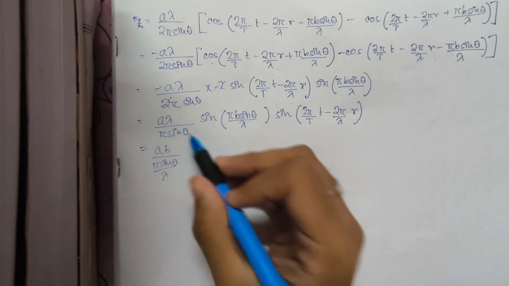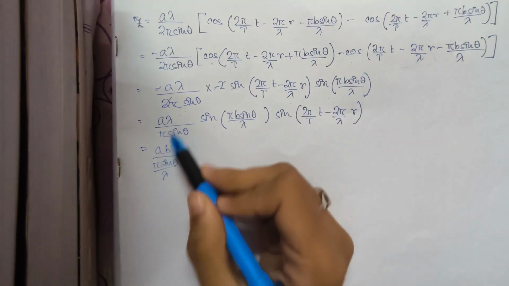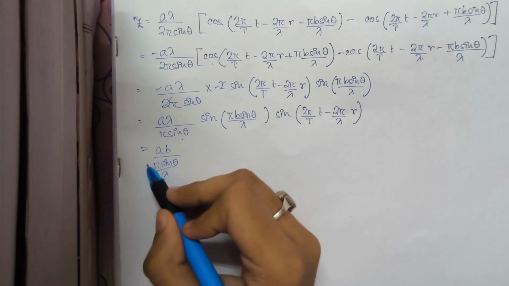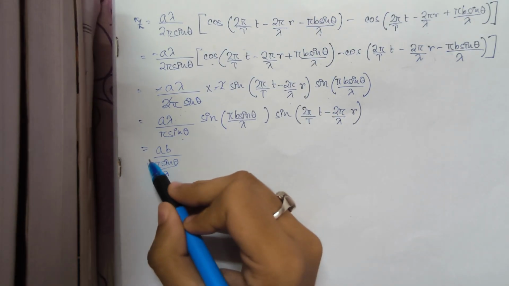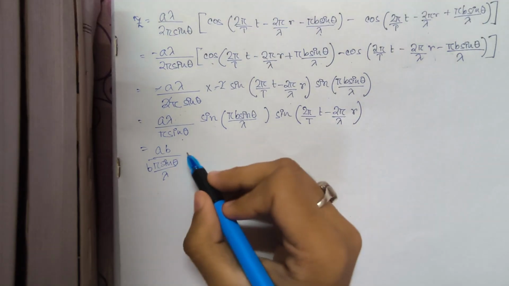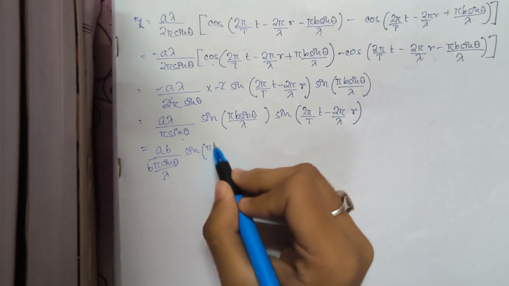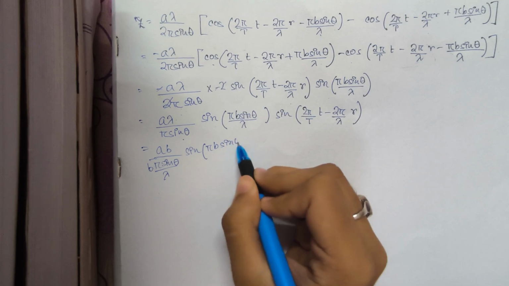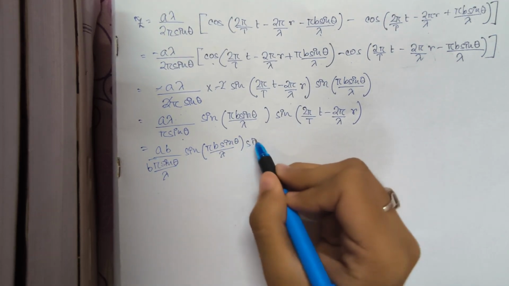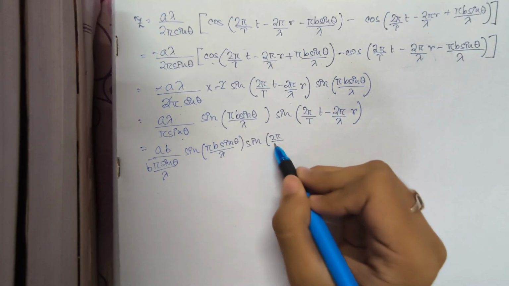We can write it like this, as the denominator lambda goes here. This means the same, and I have multiplied with another b. And then we will put the sine function expression.